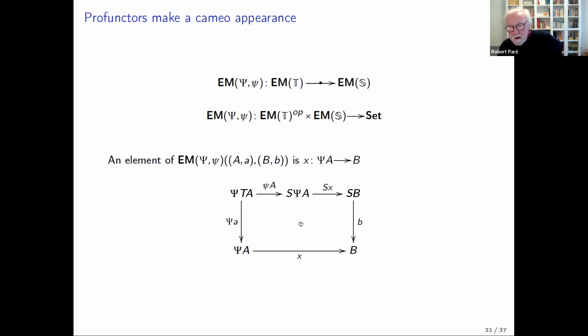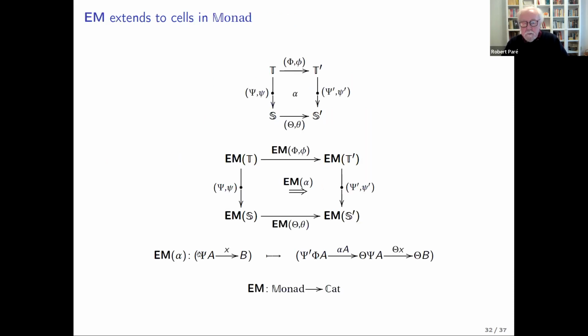So that's what an element is there, and that's the kind of thing that an oplax morphism of monads gives you on the Eilenberg-Moore categories. It also extends to these cells alpha, the ones that had a hexagon associated with them, and you get here a morphism. It's a natural transformation between this profunctor and this one in which you've substituted this in. And so what you're getting now is a kind of double functor from this double category of monads into Cat.